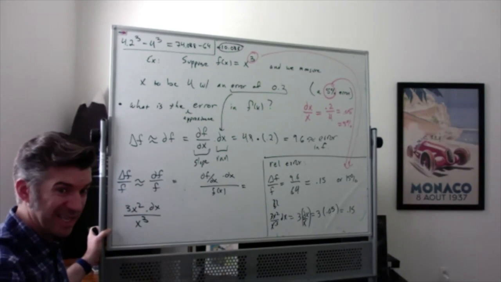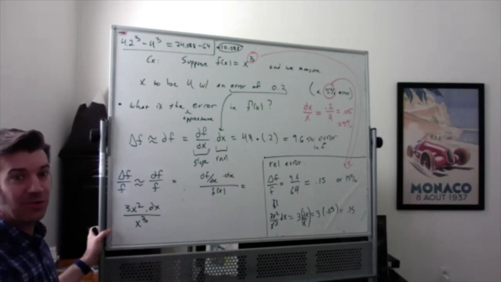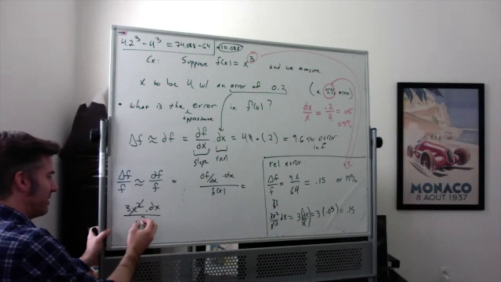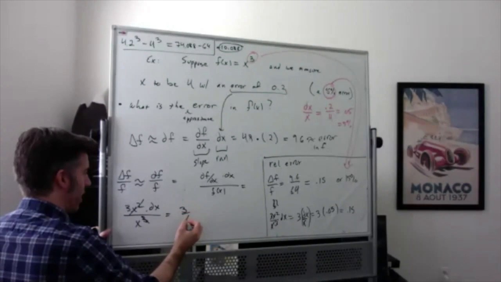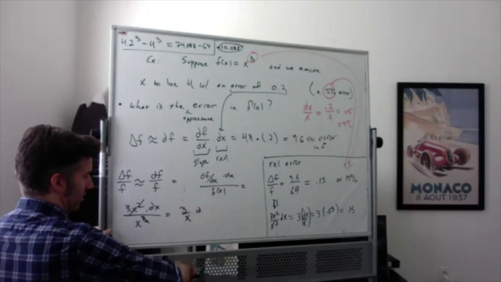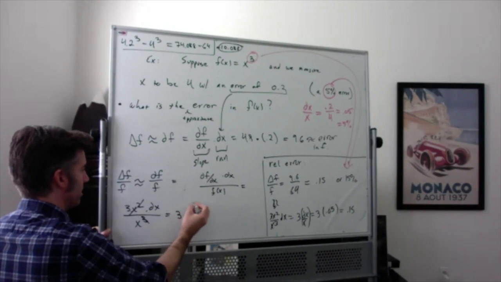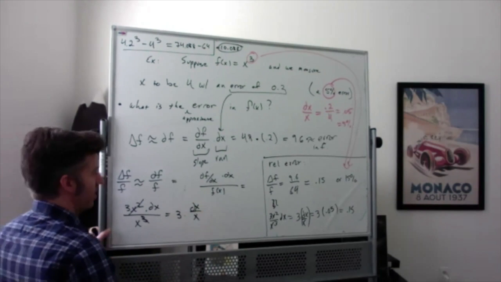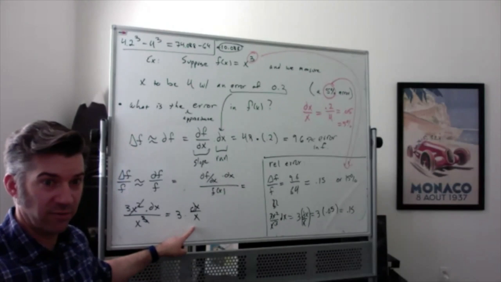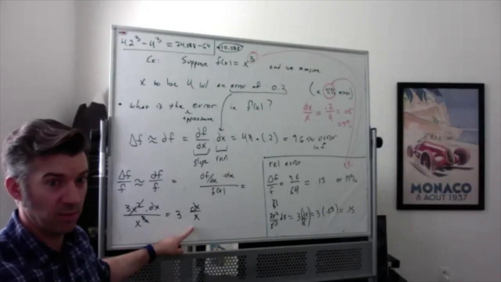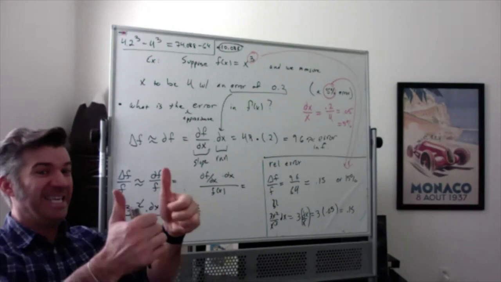And now check this out. The x squareds cancel. I'm left with 3 over x. I mean, I could write it that way, but I want to write it really as 3 times dx over x. Okay, can some brave person tell me what dx over x is in this particular problem? 5%.